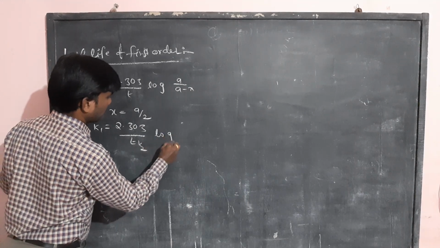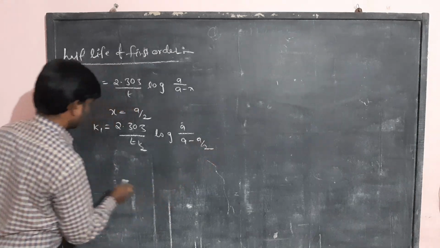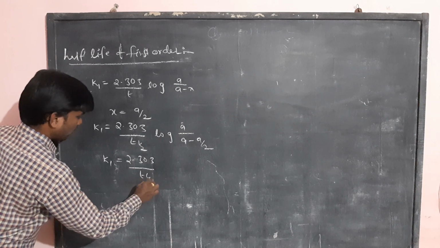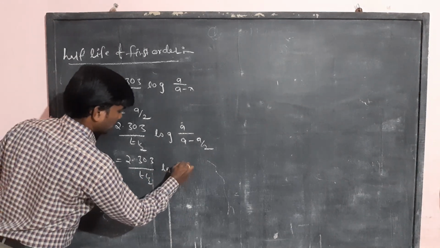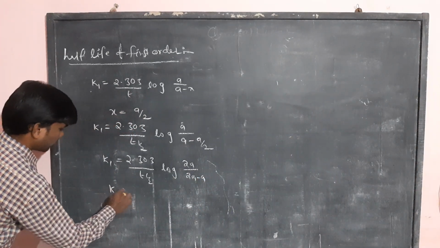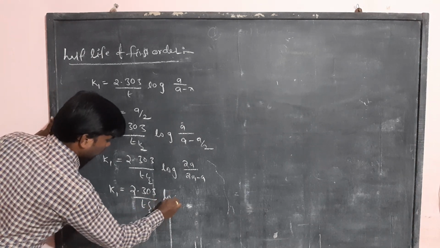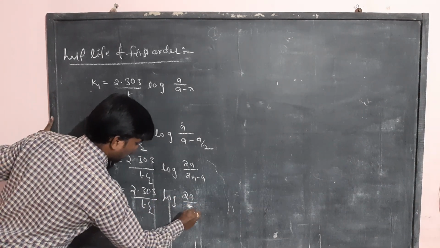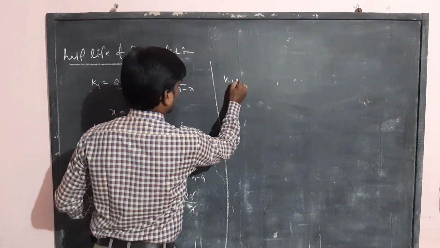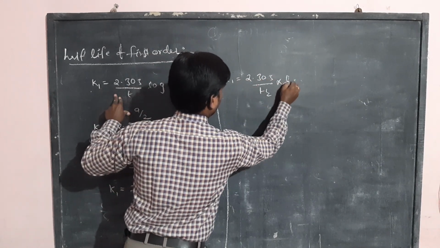So instead of x we take a by 2, so k1 is equal to 2.303 upon t half log 2a by 2a minus a. So log 2a by a will come, a gets cancelled. So k1 is equal to 2.303 by t half into log 2.